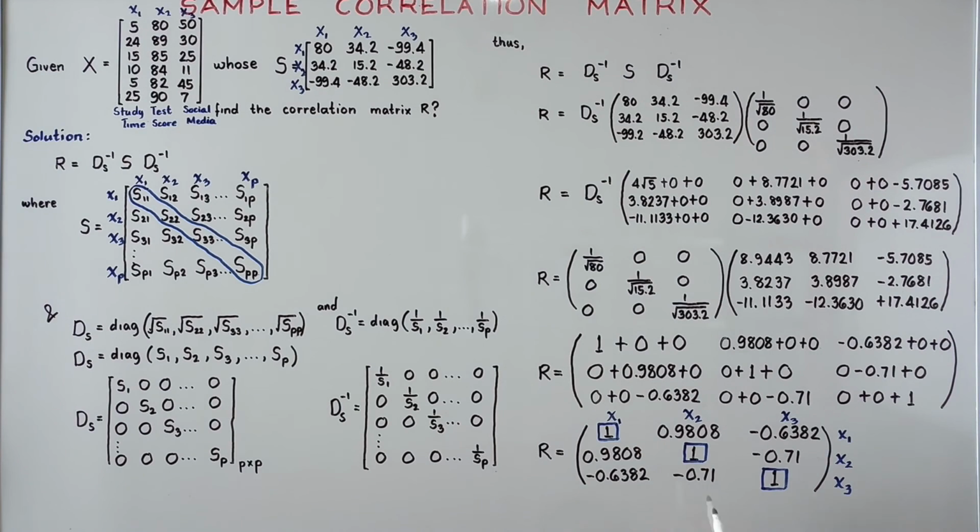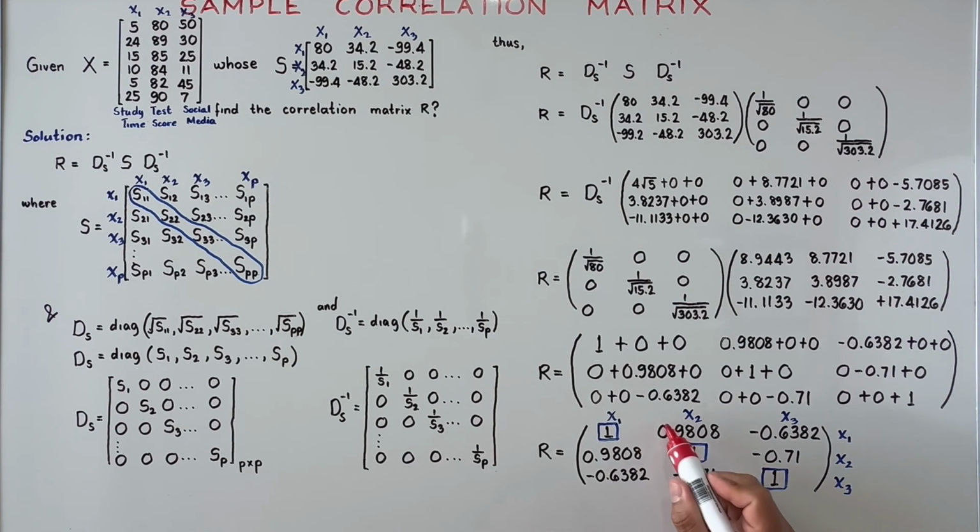And this 0.9808 is the correlation between the variable x sub 1 and x sub 2. And this negative 0.6382 is the correlation coefficient between the variable x sub 1 and x sub 3. Also, this negative 0.71 is the correlation between the variables x sub 2 and x sub 3.